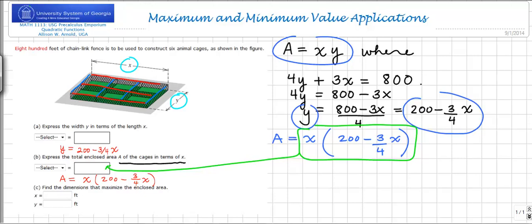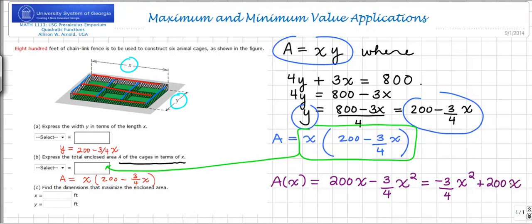Now we need to realize what kind of function we have. We have area as a function of x, and if I distribute the x, I'd have 200x minus 3/4 x squared, which is the same as minus 3/4 x squared plus 200x. Now I want you to think for a moment, how do I get from here to finding the vertex information of this formula?